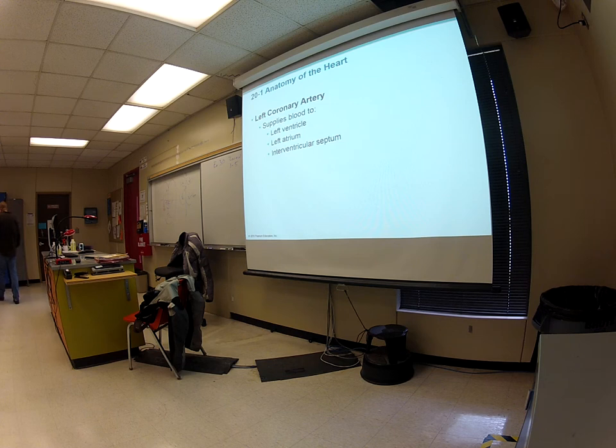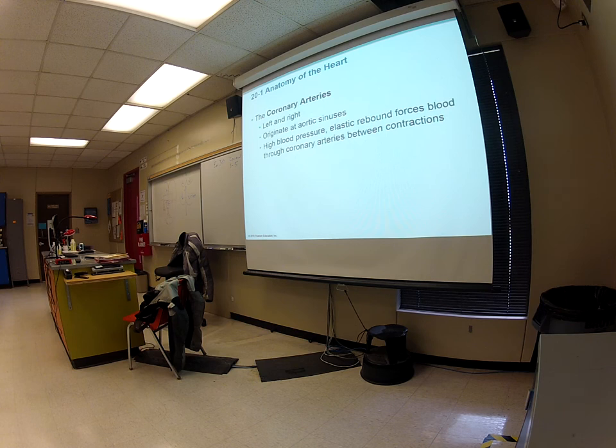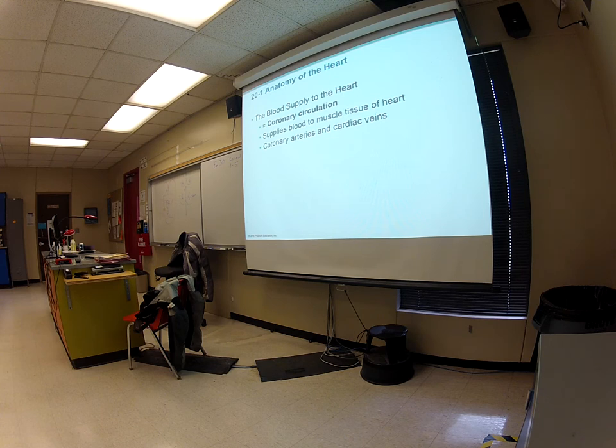So what we're talking about right now is just the heart. We're not talking about pulmonary, we're not talking about systemic. We're talking about all the blood vessels on the heart proper. Let's back up. Coronary circulation, we're talking about all the blood vessels on the heart and what they're supplying.